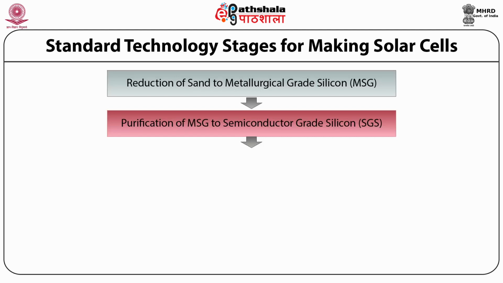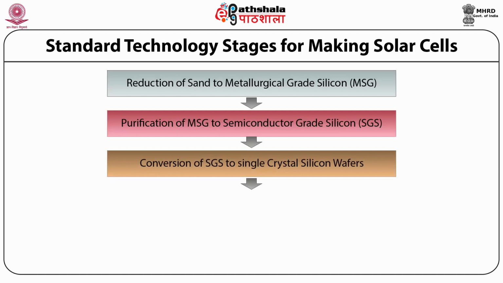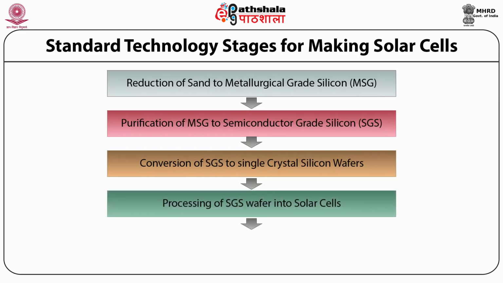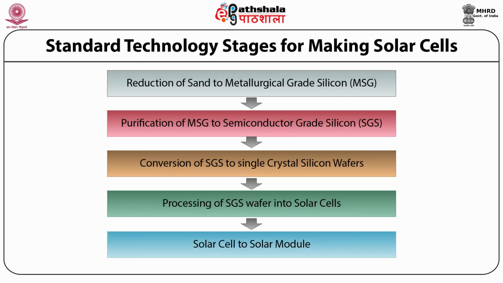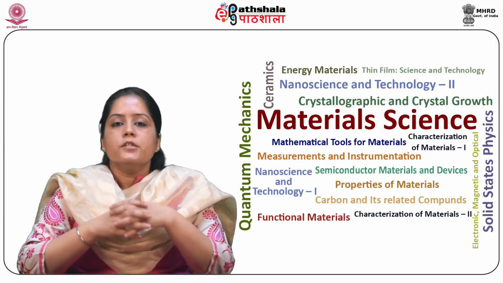Next stage is to convert this SGS to single crystal silicon wafers. Next is to process these wafers into the solar cell. Finally, we will convert our solar cell to the solar module.